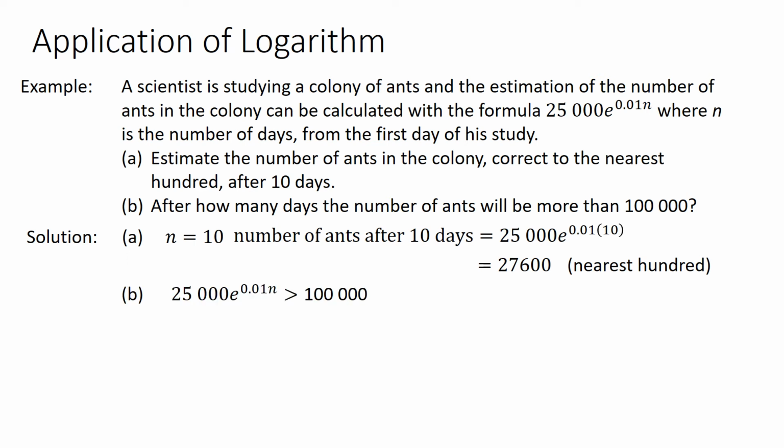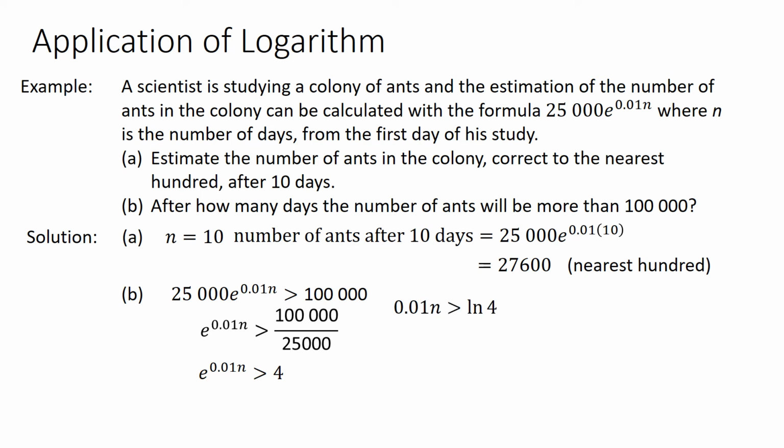For B, since they want more than 100,000, the inequality will be 25,000 e to the power of 0.01n greater than 100,000. So bring over the 25,000 to the right-hand side, it becomes divide. And e to the power of 0.01n will be greater than 4.